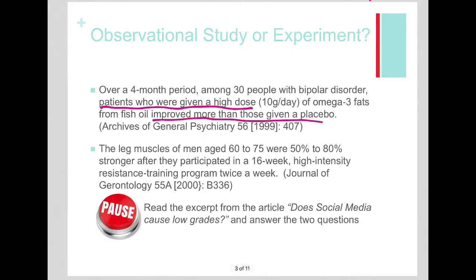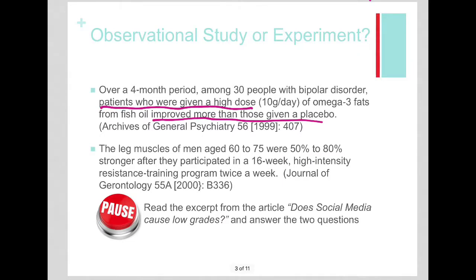It doesn't say that they were assigned to participate in it. It just says after they participated. So the researchers could have easily just gone to a gym and found men that were already in this program and just watched to see what happened to their leg muscles. So nowhere in here did it say they were actually assigned to one. Therefore, it's an observational study rather than an experiment.